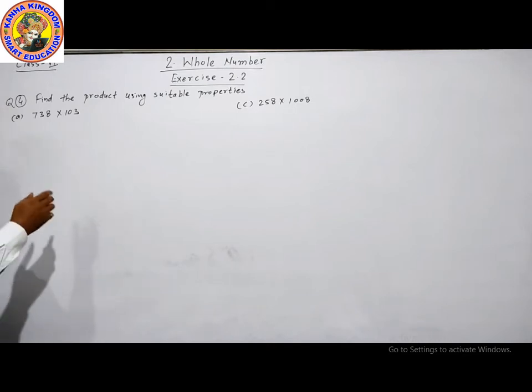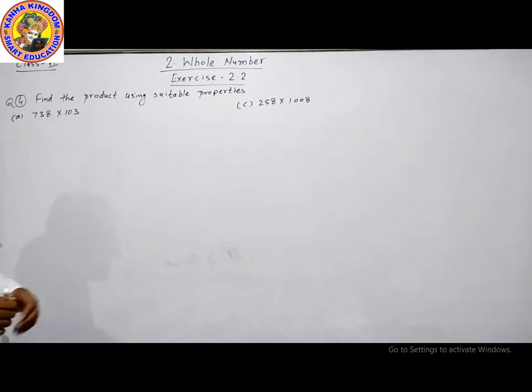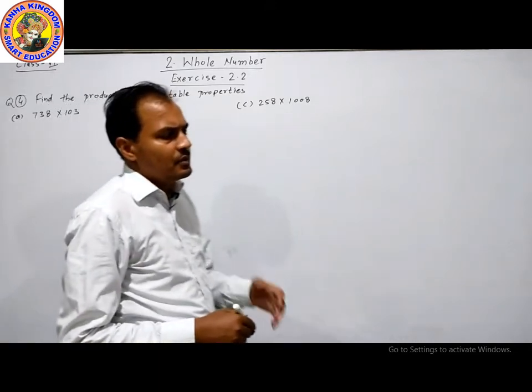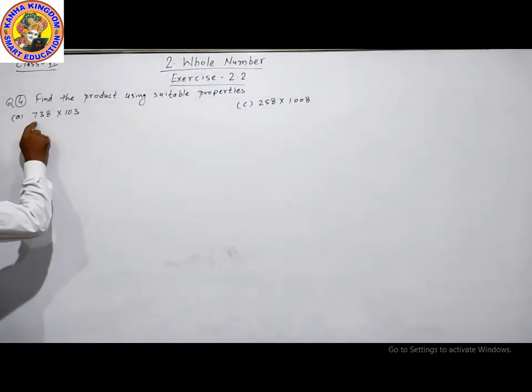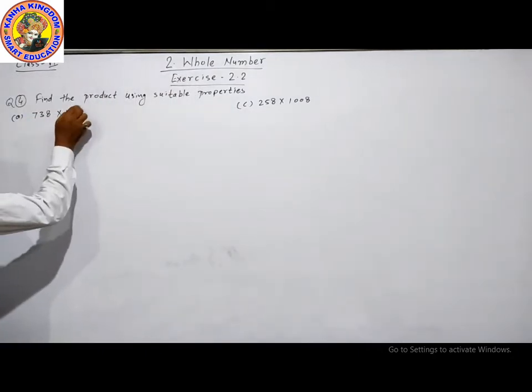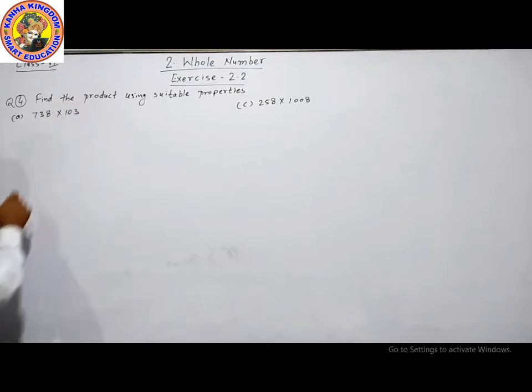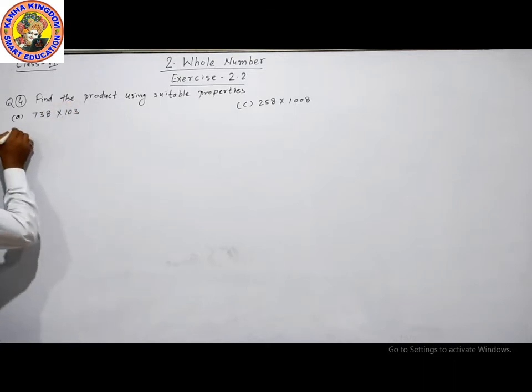I said that in multiplication we will break any number in terms of zeros. So in these two numbers we can easily break this number in terms of zeros.